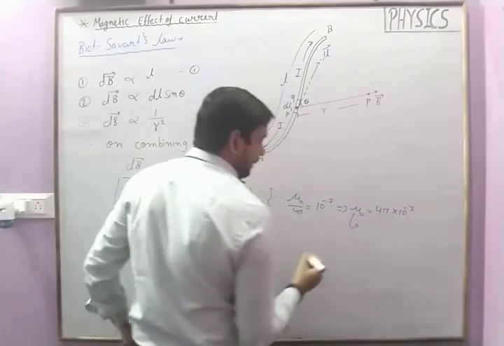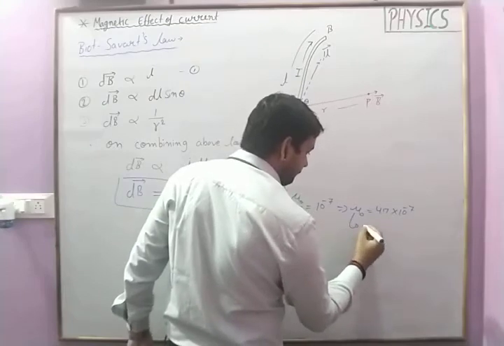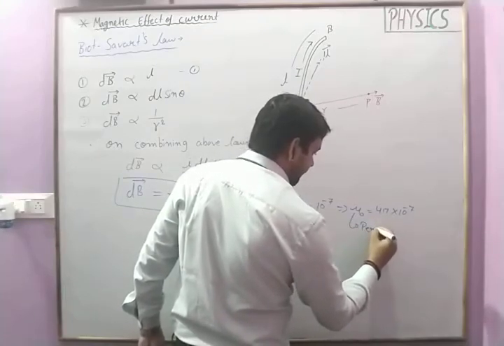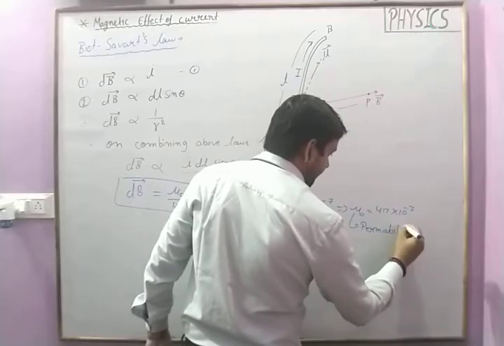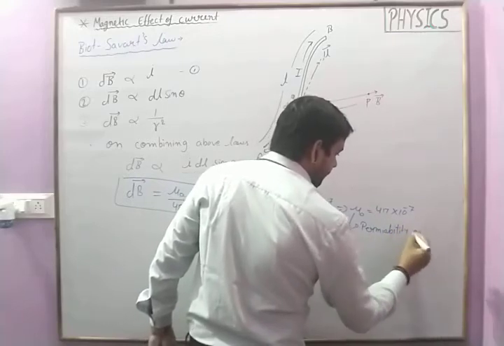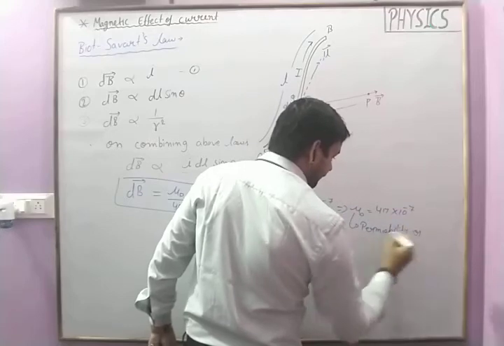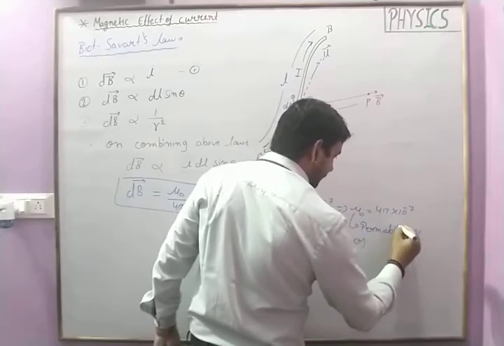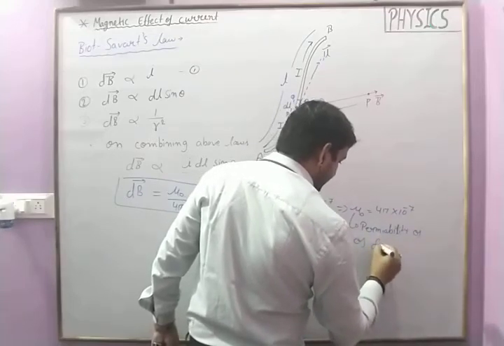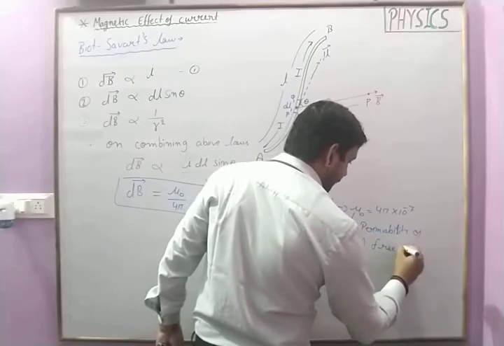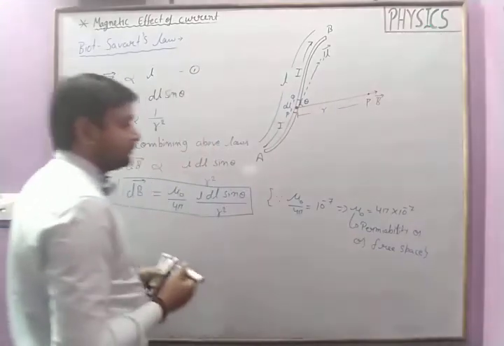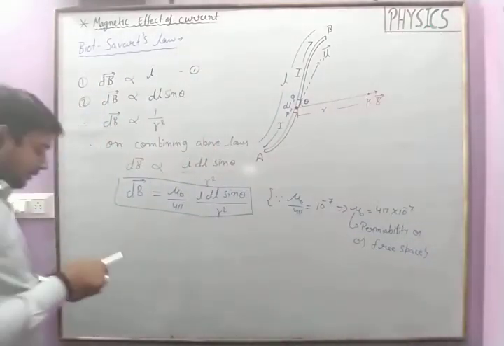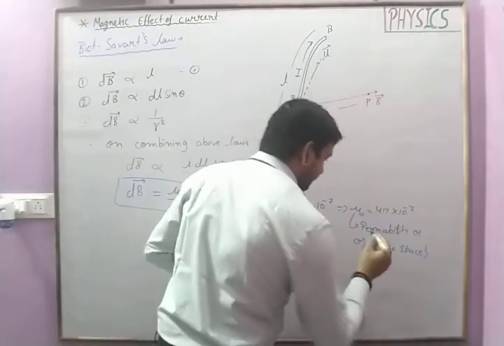Here this mu naught is known as permeability of free space. Okay, this is the mu naught.